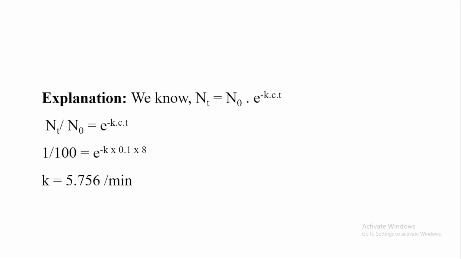So that is option number B, the disinfection rate constant is 5.756 per minute.